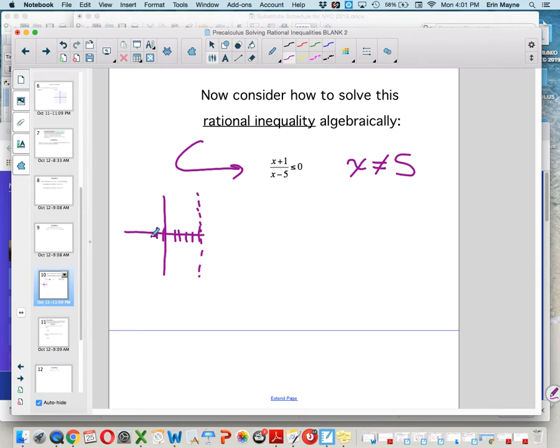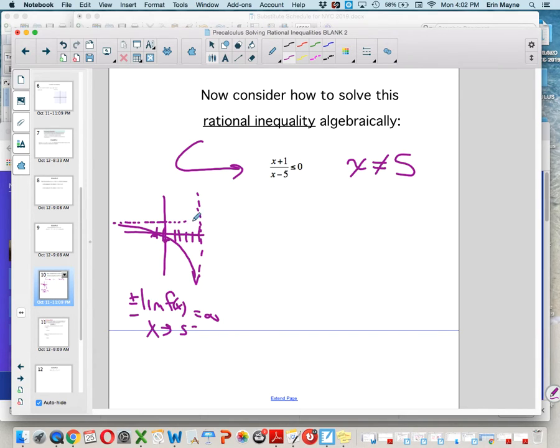And if you wanted to, you could quickly test the left and right side. If we wanted to take the limit of this expression as x approaches 5 from the left, you could put in 4.9, that'd be positive over a negative. So this would be down here, which would make sense because I've got a -1/5 for a y-intercept. My horizontal asymptote is 1.